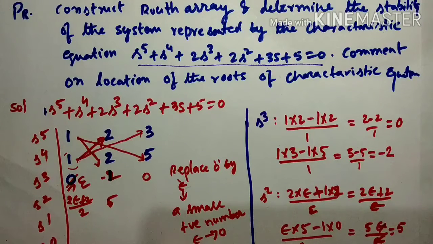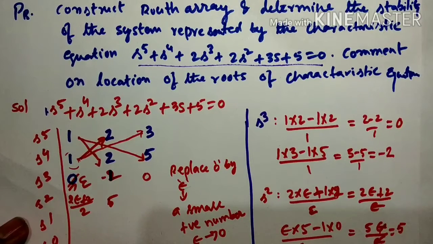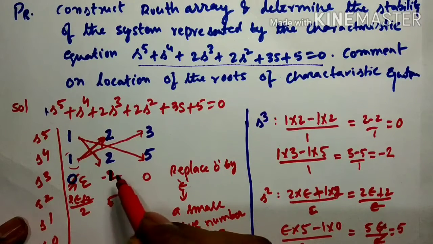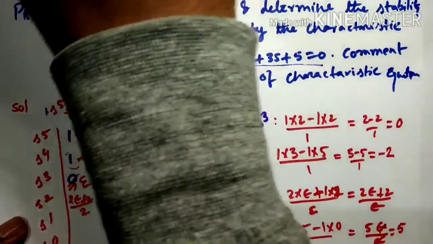You have to find the S1 coefficient. If you find the S1 coefficient, you just cross multiply. Minus 2 into... so I am taking another sheet here.